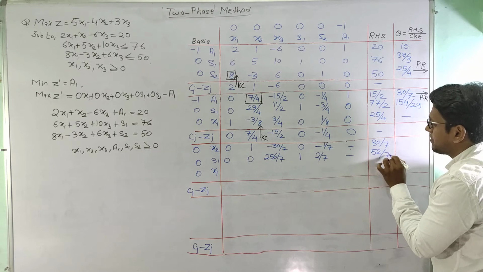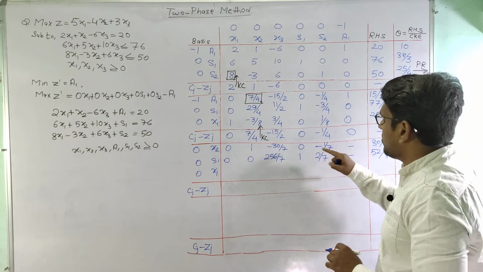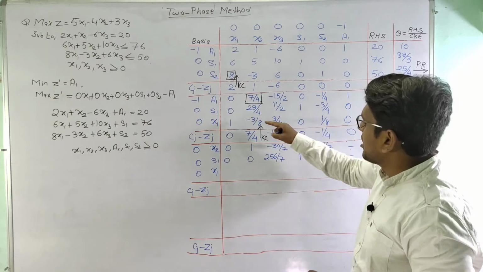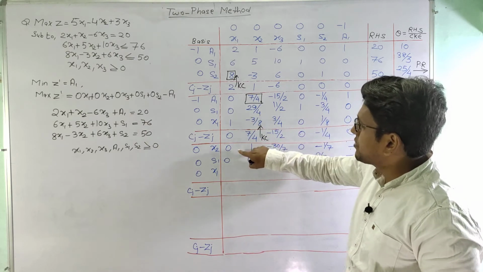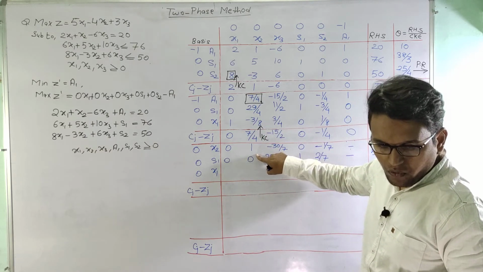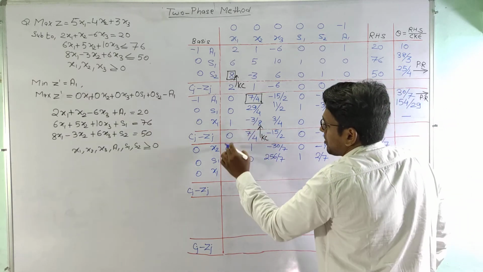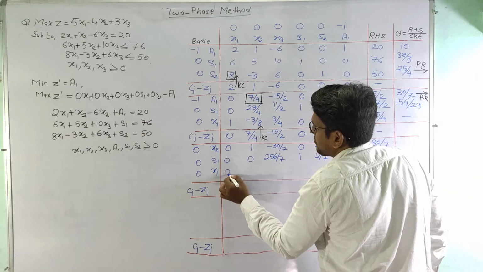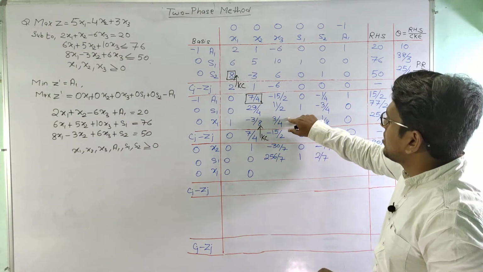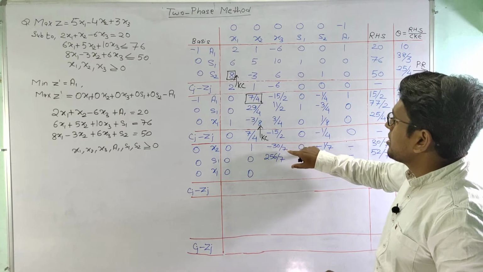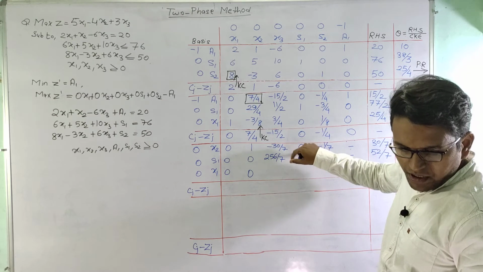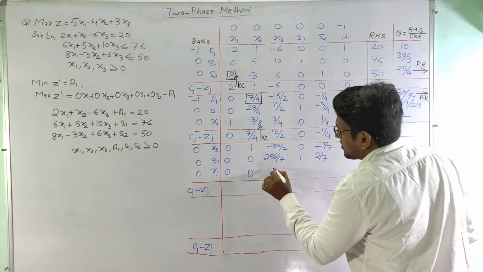Okay, now in order to make this value 1, what I'll do is row 3 plus 3 by 8 times row 1. So this will be 1 plus 0 is 0. 3 by 4 plus 30 by 7 into 3 by 8, so this will be minus 6 by 7.